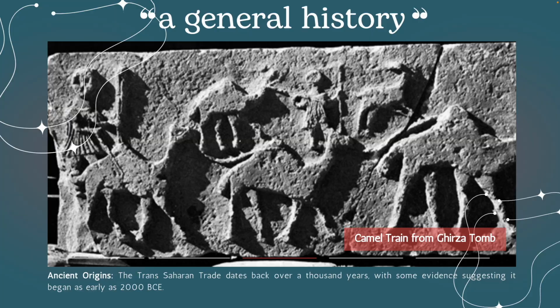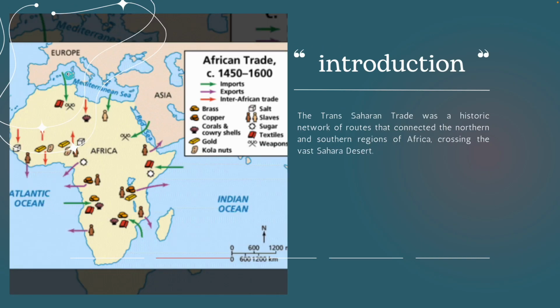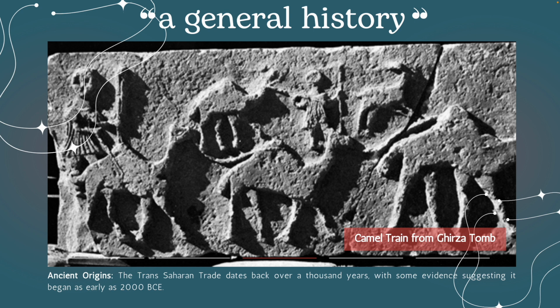So the fact that archaeologists find evidence of Roman items in the Sahara area is not a surprise, because obviously there would have been trade, buying and selling, between not just Africans, but people from all over the world.